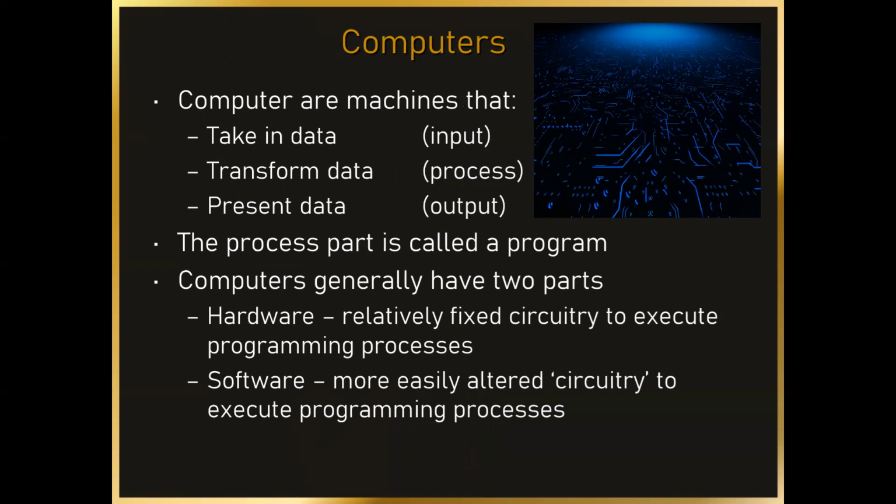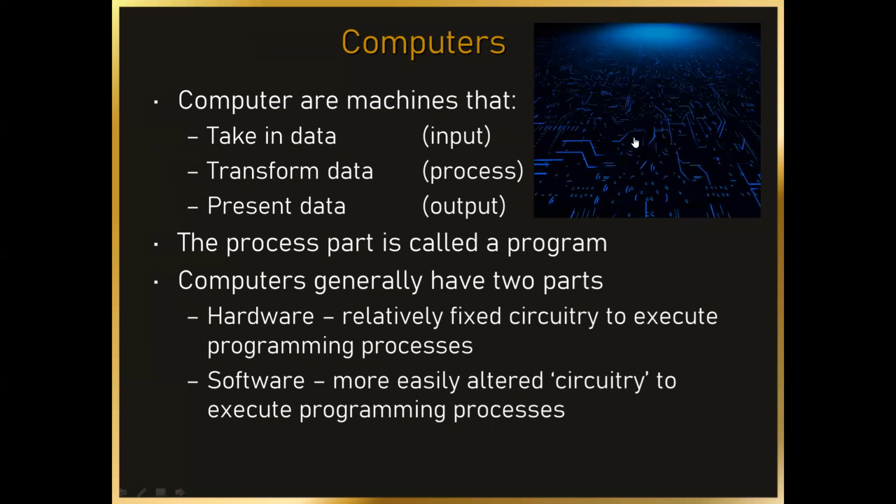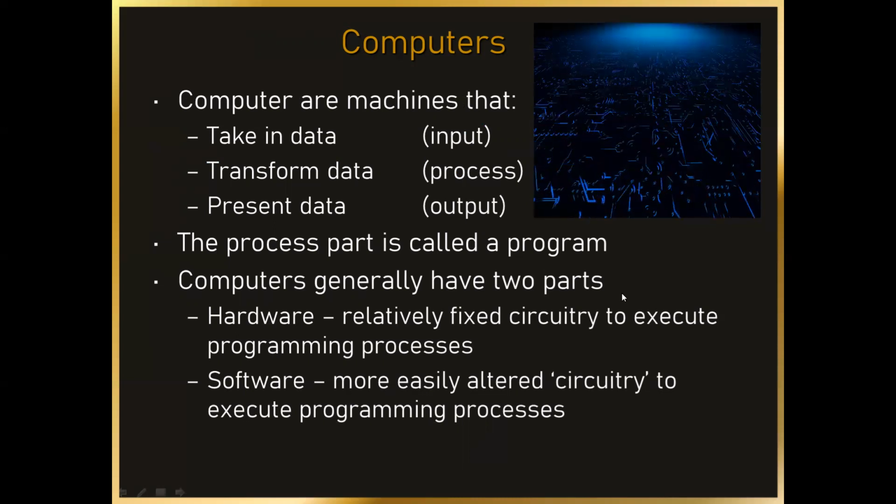So computers are machines that take in data and perform some kind of computation or process on it and transform it into output data. And so the process part is called a program. So here's an image of that.